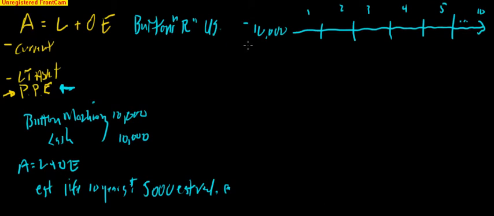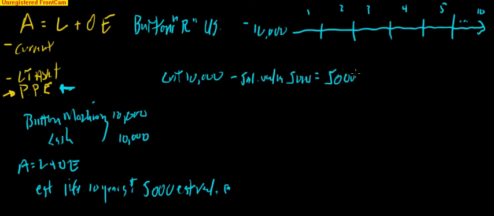We have to take the $10,000 that we spent for this machine less the $5,000 it's worth. So we have the cost of $10,000 minus what's called the salvage value of $5,000, which equals $5,000 that we are going to depreciate or expense over a 10-year period. And so we take that $5,000 and divide it by the 10 years of useful life.